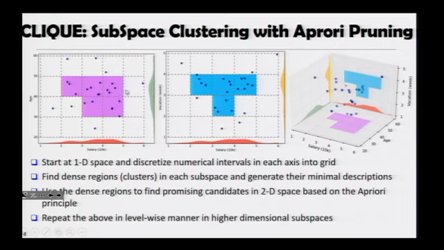You can easily compute the merged statistics for this 2D space using those 1D statistics based on the a priori principle. You can repeat this process to include more and more dimensions, like vacation weeks, for example. At the end of the day, you will have a cluster that works for multiple subspaces you are considering. For example, a cluster that groups the employees using age, salary, and the vacation weeks all together.